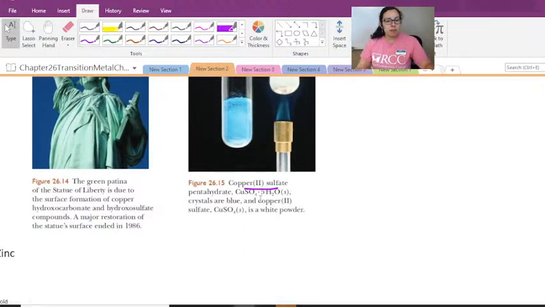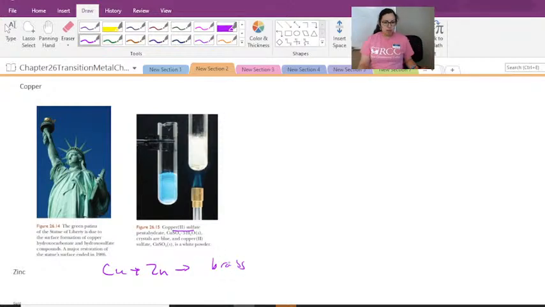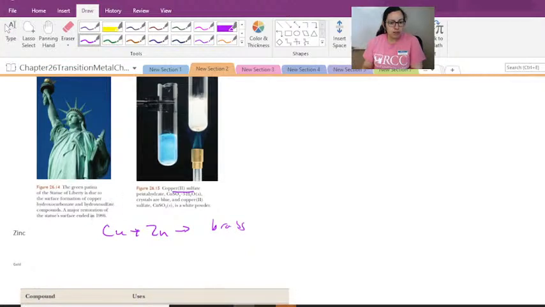Copper is also used with zinc. Copper plus zinc makes brass, and that's another big use for copper, being used in brass alloys. You're also aware that zinc is used for metal coatings.